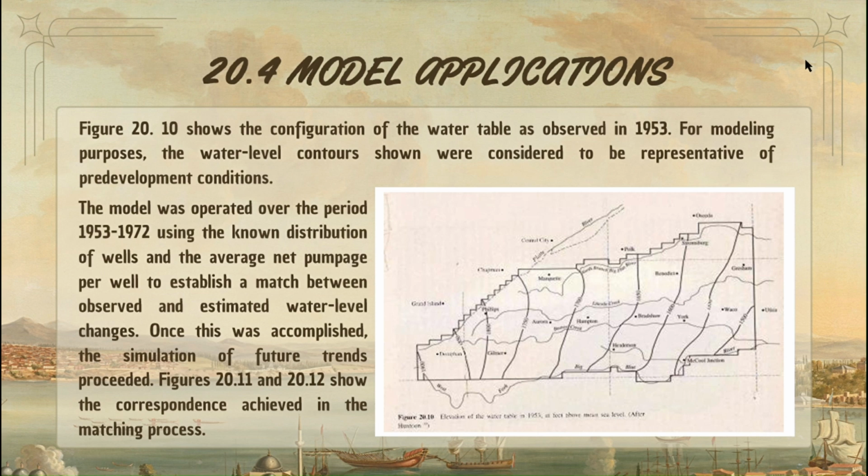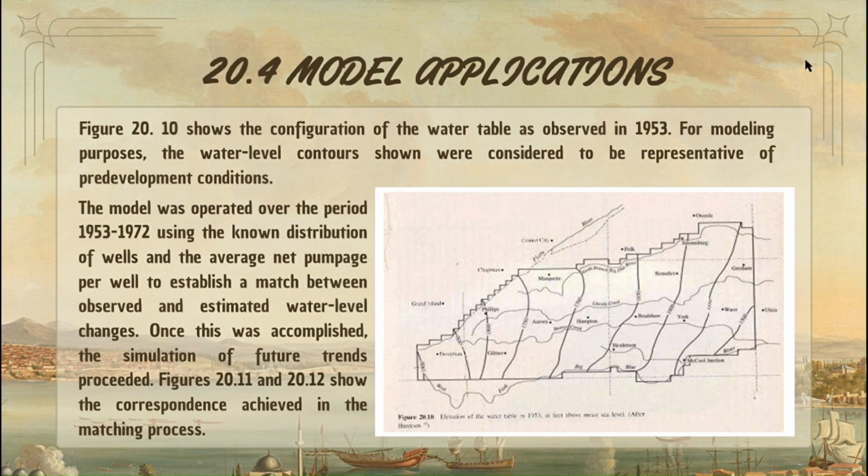Figure 20.10, which can be shown on the lower right side of the presentation, shows the configuration of the water table as observed in 1953. For modeling purposes, the water level contours shown were considered to be representative of pre-development conditions.